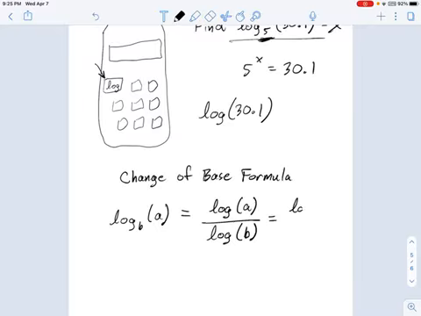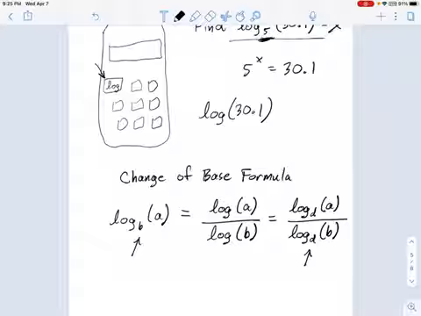Okay, so here's your change of base formula, and this is shorthand. What it really is is log with d as the base, and d could be any number, of a, over log base d of b. So what's happening here is I have changed my base from b to anything else I want, and that's d in this example, where d doesn't have to be related to a and b at all. d could be a million: log base a million of a over log base a million of b.